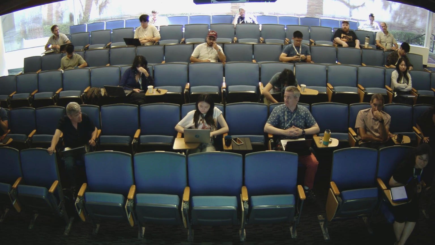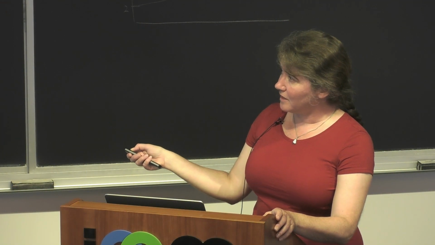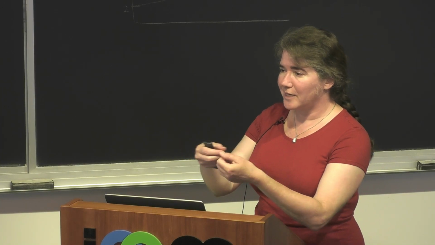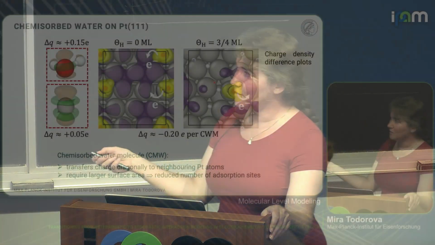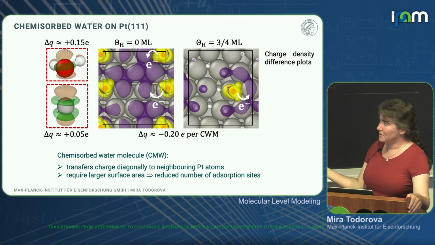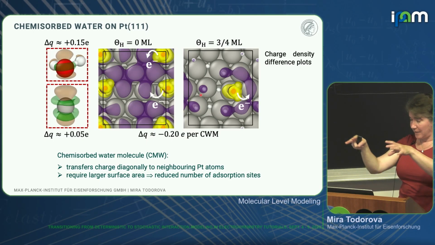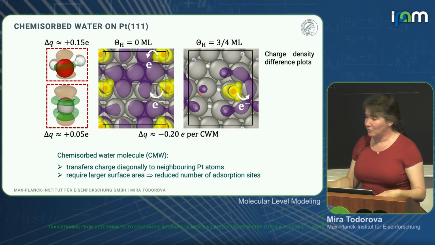Yeah, I will talk a little bit in October about that. But again, what you also see is that when you start adsorbing hydrogen on the surface, the hydrogen also would like to interact with the platinum. So in a way, you can imagine that there is a competition between the water and the hydrogen to distribute their charge to the platinum that is around.